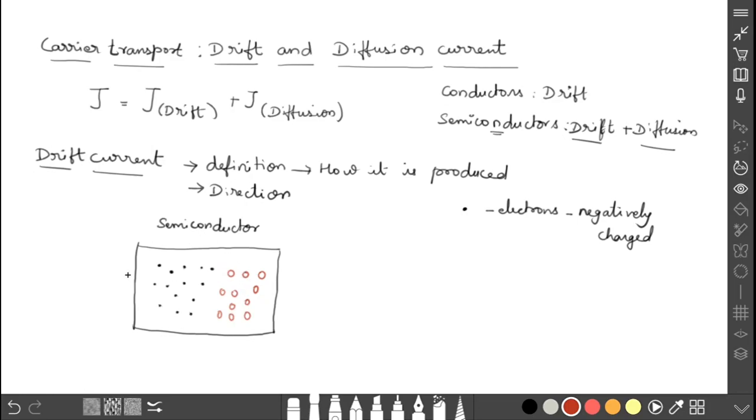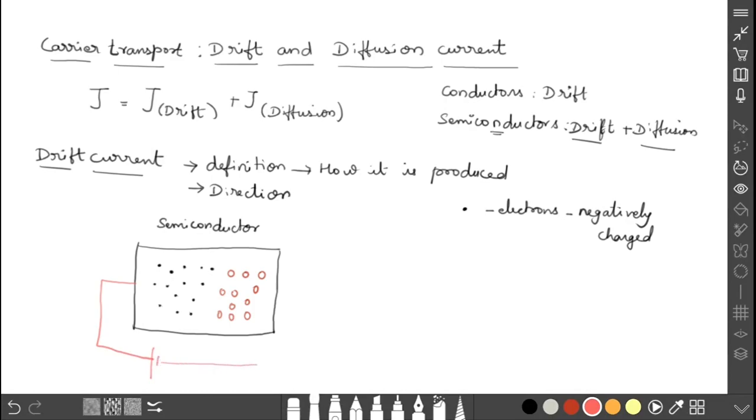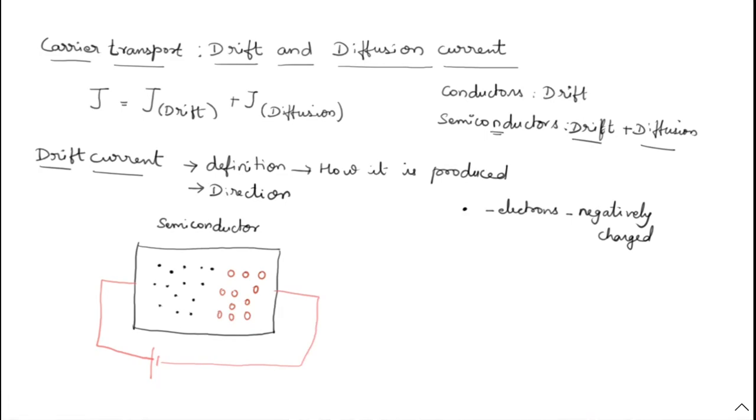Now I am going to connect this semiconductor to an external electric field. This is the positive terminal of the battery and this is the negative terminal of the battery. Holes are positively charged.